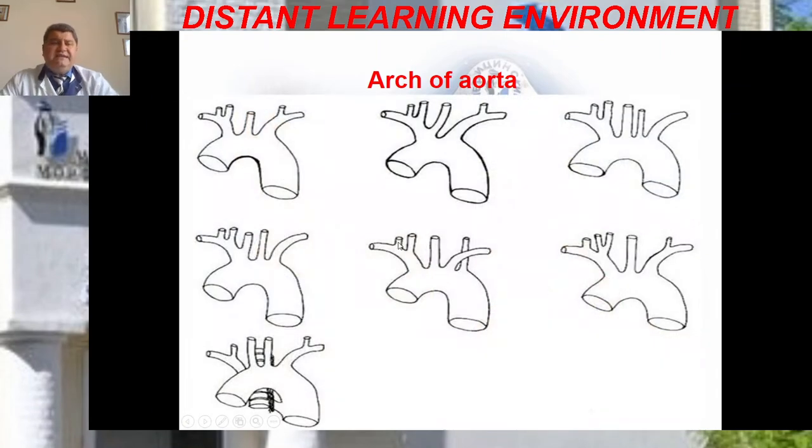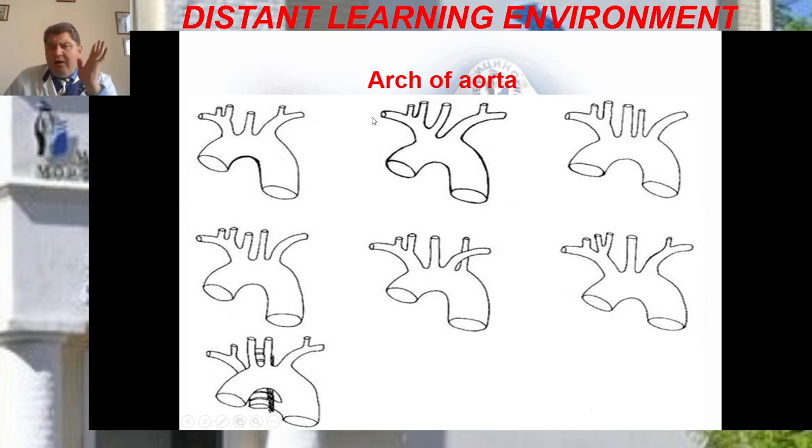Next you may see the variations of origin of branches of aortic arch, and you may see there are a lot of cases, so several cases you may see on this picture.